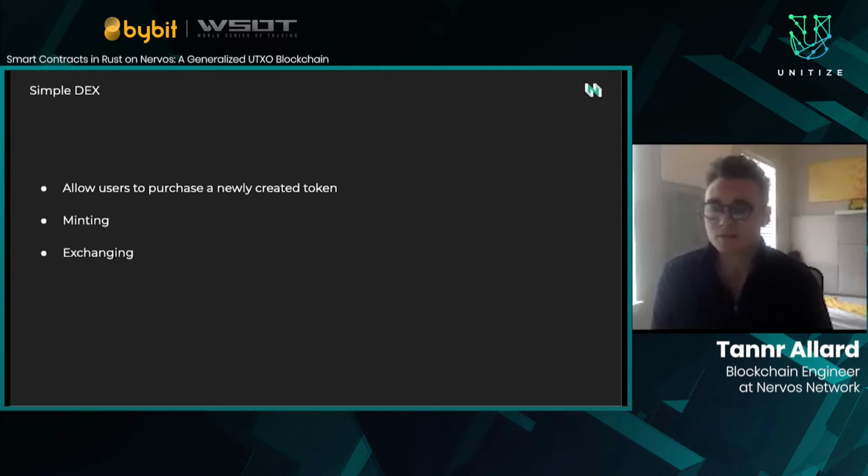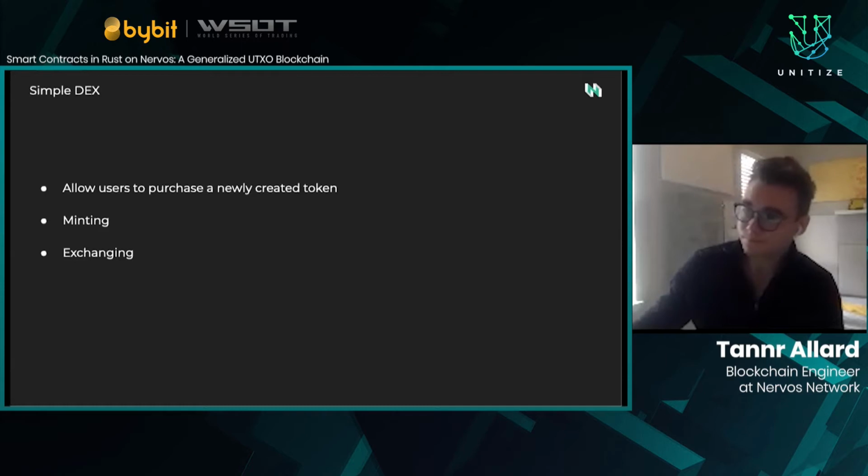The operations relevant to this are, of course, minting or creating the token in the first place, issuing, and exchanging, which is the act of purchasing the custom token by a user, and in return, the user pays the developer, the token creator, proportional to the amount of tokens they've purchased, right?